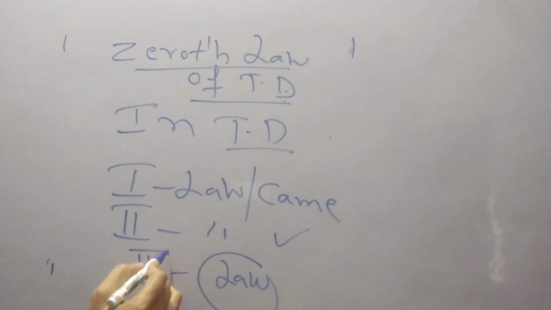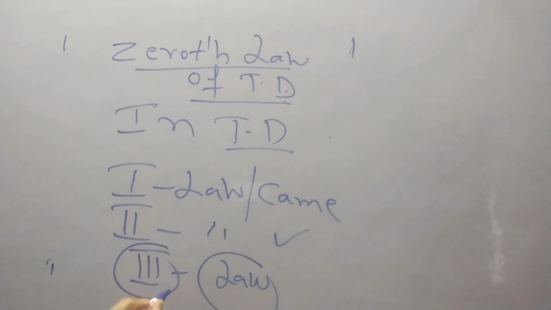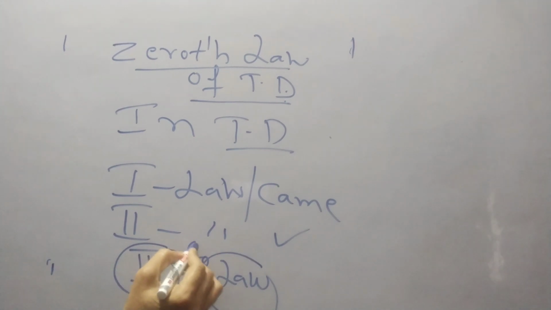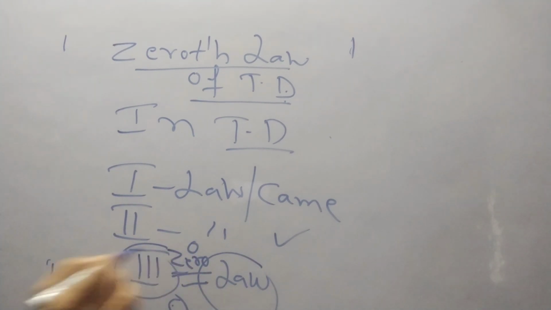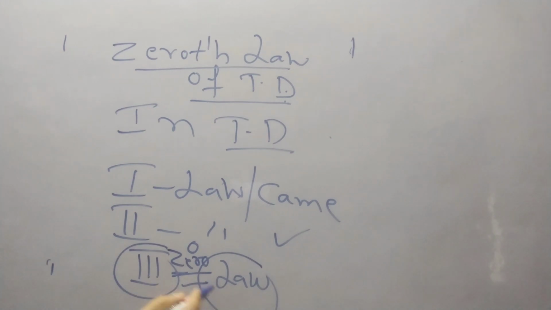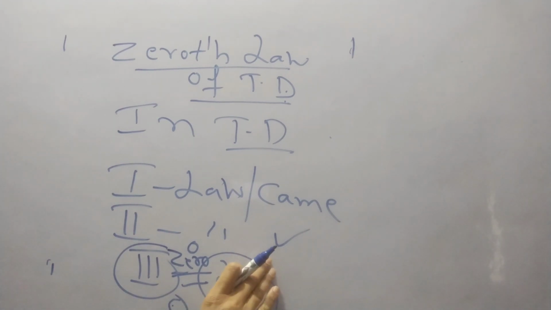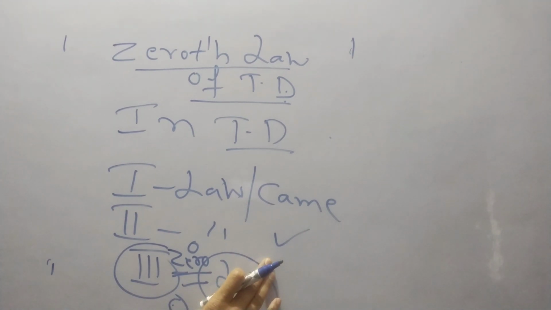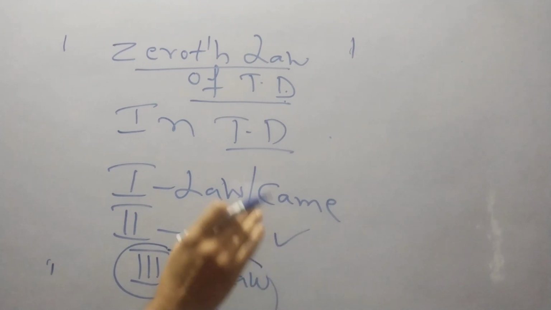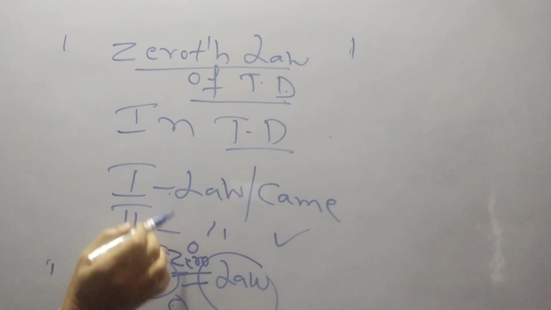So why was 0 given for this one? Instead of the number 0, they are writing ZERO. When they invented this zeroth law, one of the important parameters which defines it is also there in the first and second law.